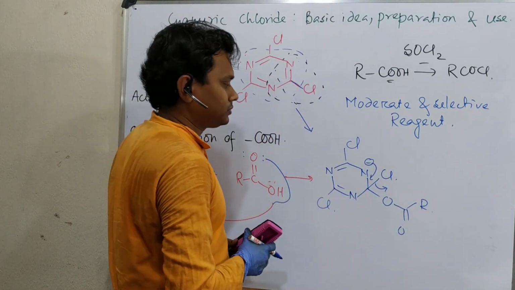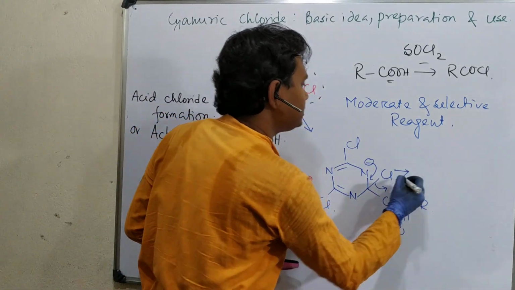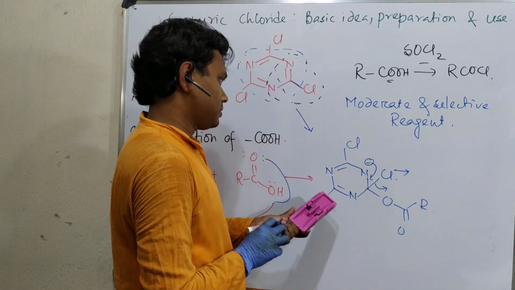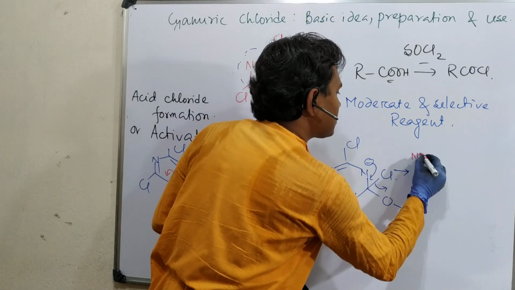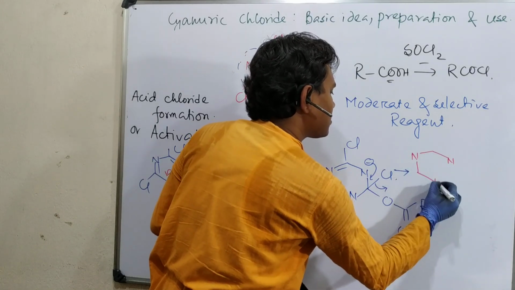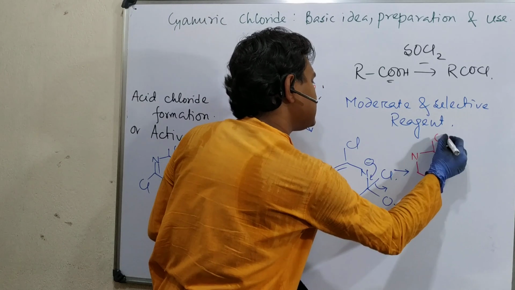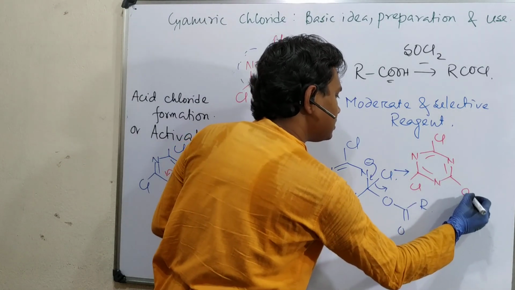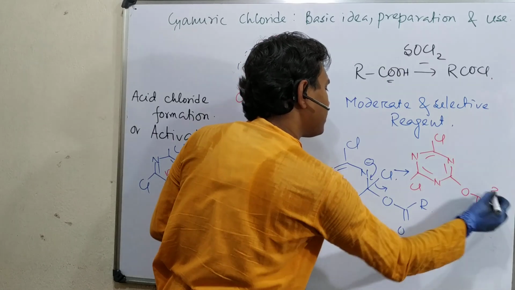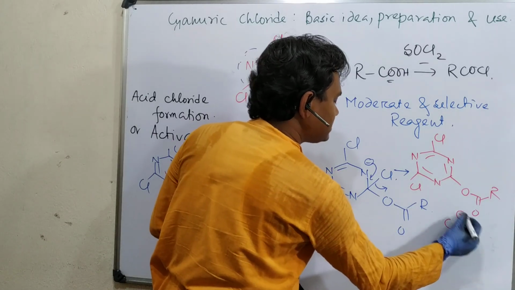So it will result in this, the Cl, this is the O, COR. Fine. And another thing, it produces the Cl minus.